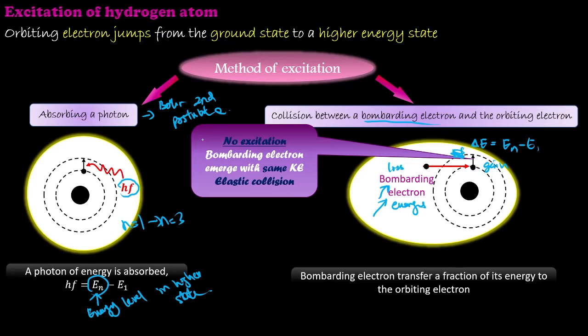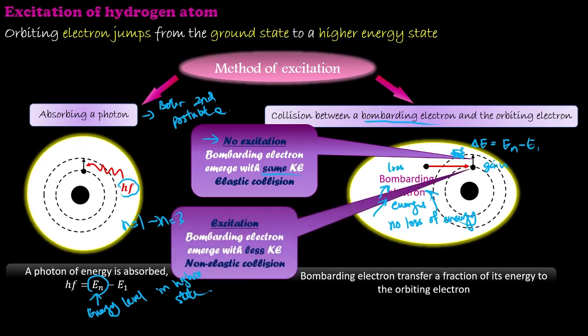So no excitation means the bombarding electron does not transfer any of its kinetic energy to the orbiting electron, because there is no loss of energy. So when there is no loss of energy, the kinetic energy of the bombarding electron stays the same. That is why it's called an elastic collision.